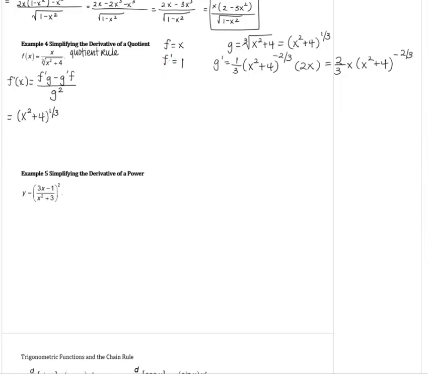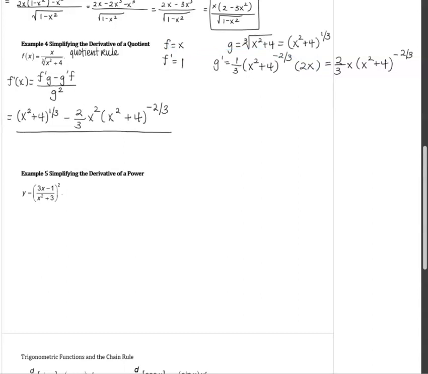And I am going to write it with the 1/3 power because it will help us when it comes to simplifying. From that, we are going to subtract g prime f. So this is going to be multiplied by f.